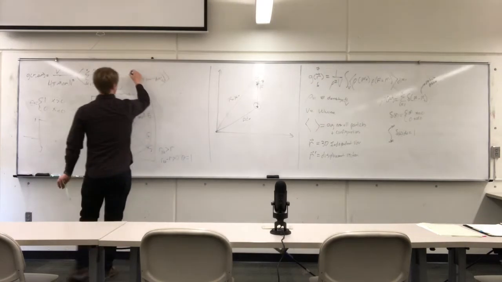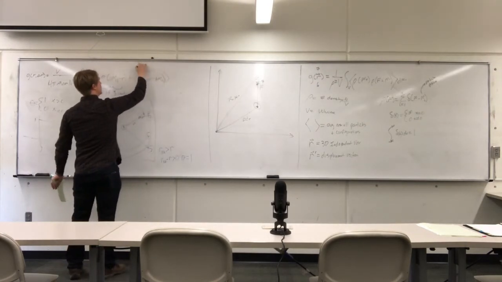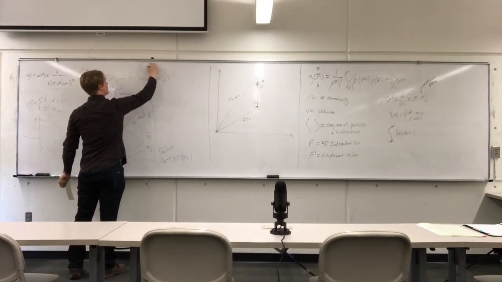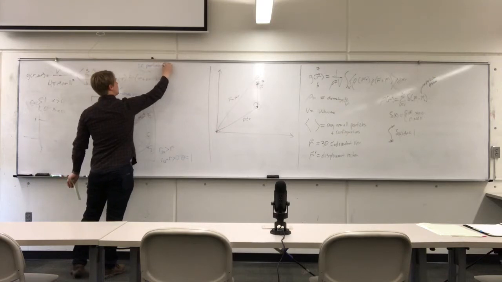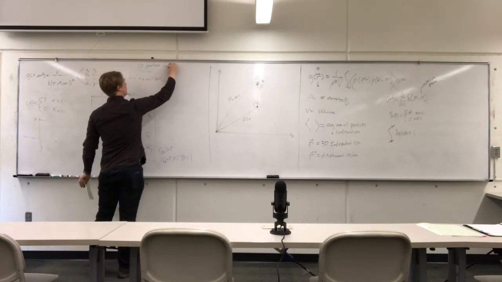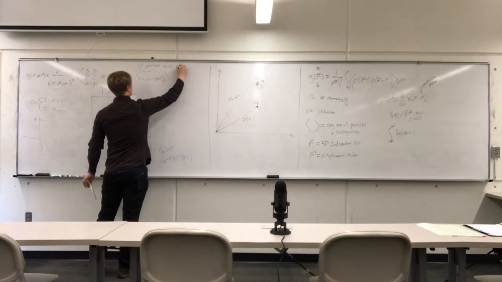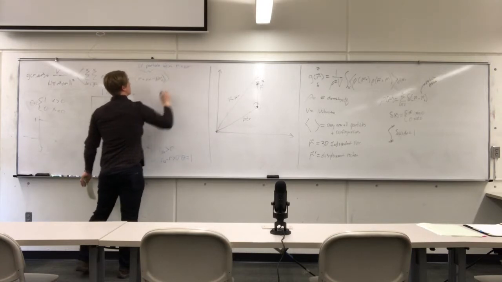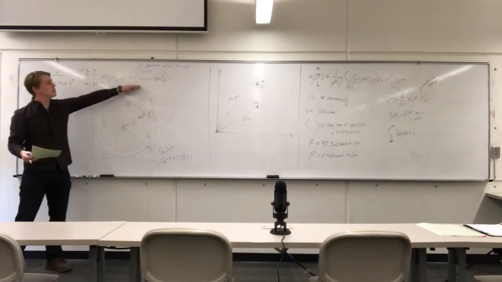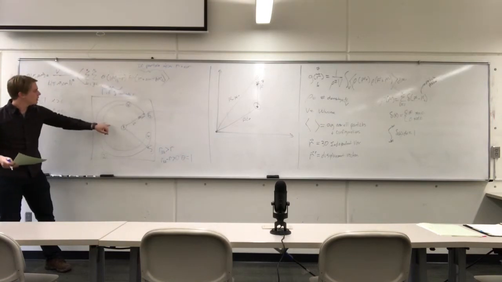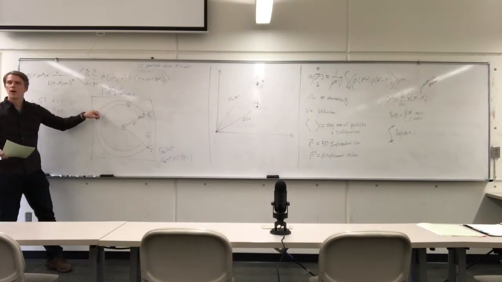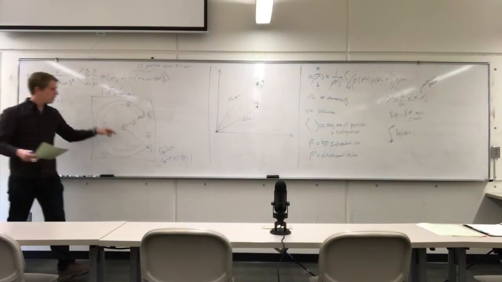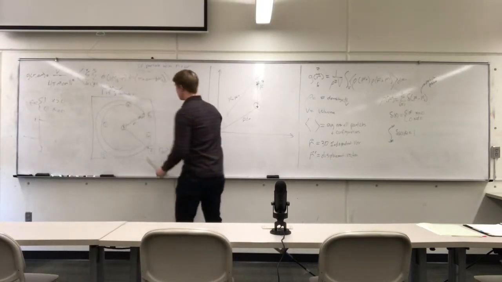This second criteria is satisfied if the particle is within the R plus delta R shell. So again, let's go back to particle 7.